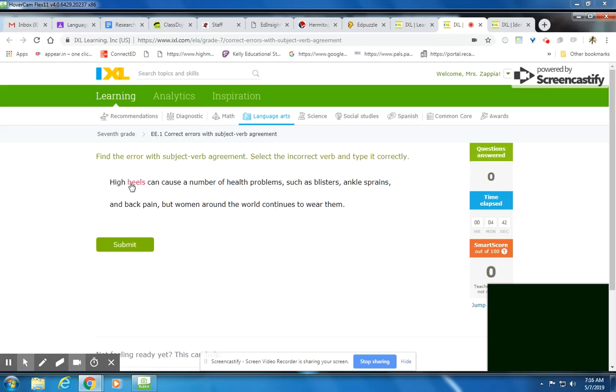We have the subject high heels, and the verb can cause. Now in this case, high heels is plural, and can cause is plural. How do we know? Well, we talked about how regular verbs and regular nouns are opposites. Regular nouns have that S ending, and regular verbs do not have an S ending for the plural.